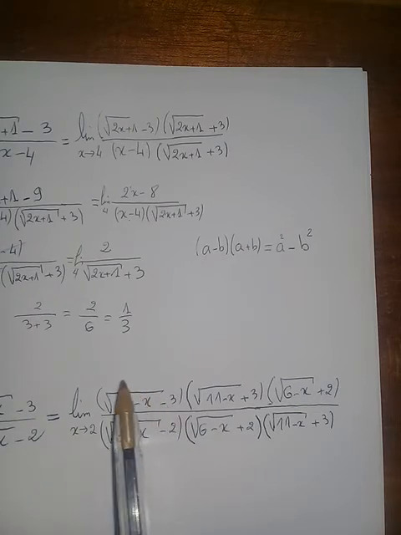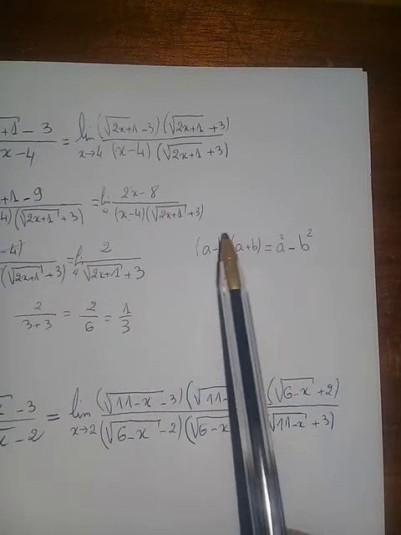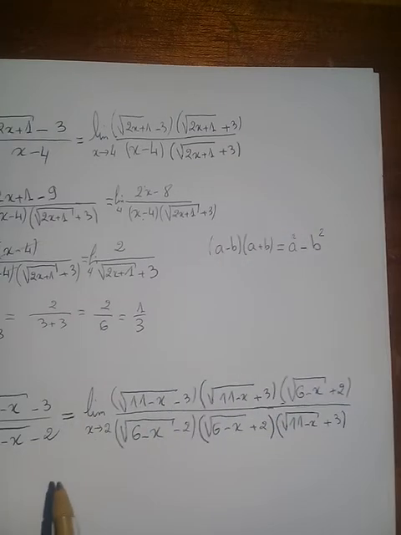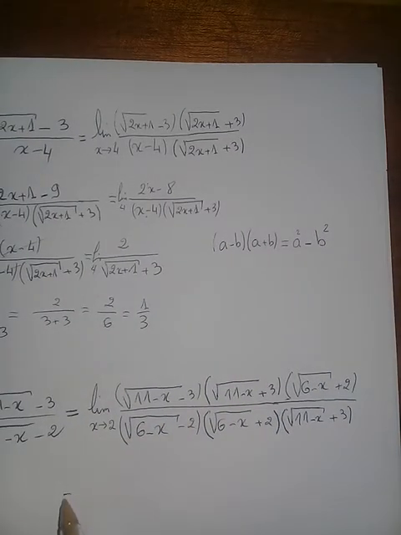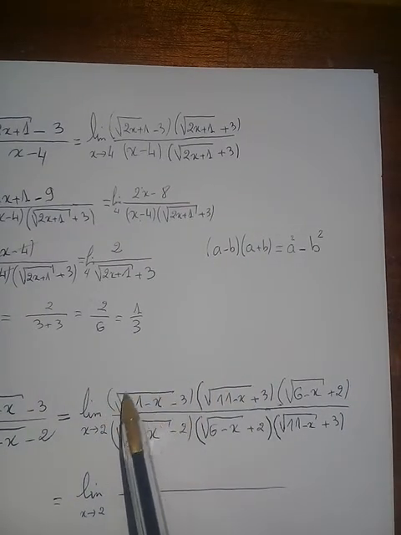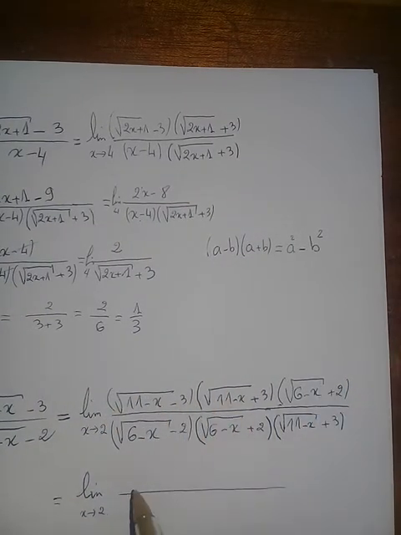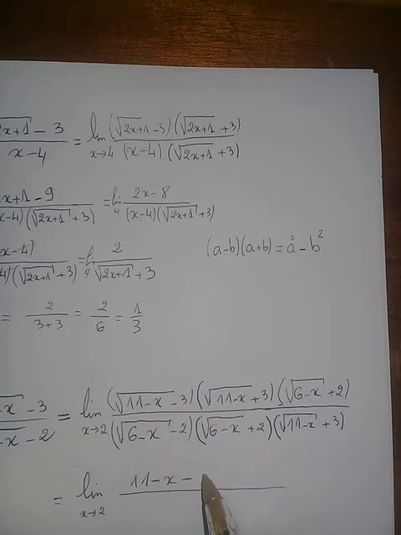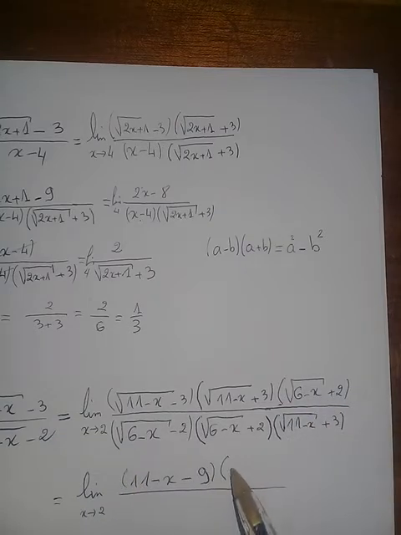So you can see here that we have this rule. So it's the limit when x approaches 2. Foiling this, we get this squared minus this squared, which is 11 minus x minus this squared, 9, times this.